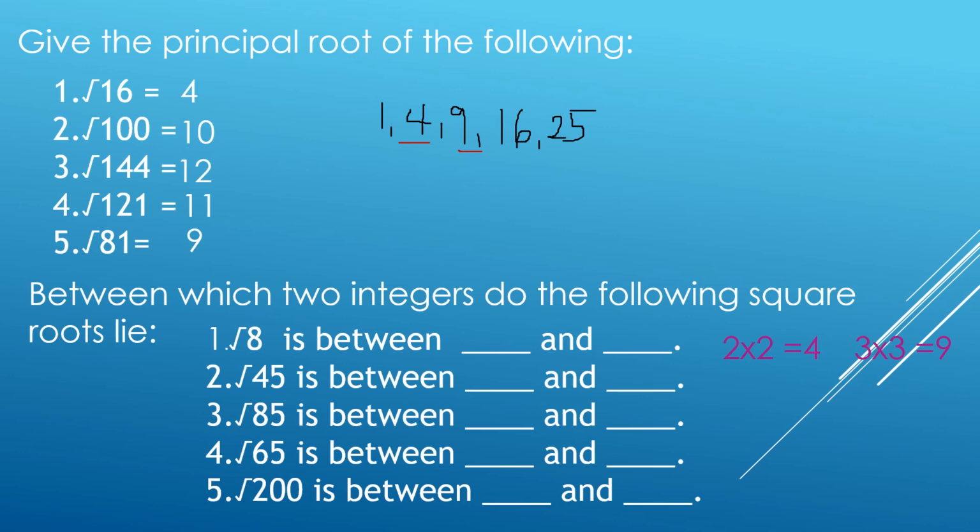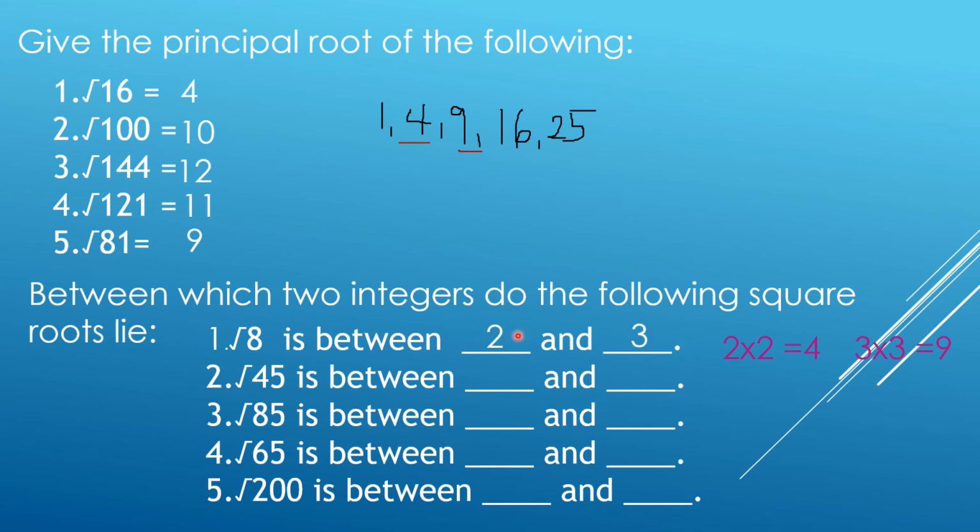So, ang 8 ay makikita between 4 and 9. Diba? Okay. So, ngayon, ano yung square root ng 4? That is 2. Ano yung square root of 9? That is 3. So, ibig sabihin, the two integers that the square root of 8 lies between is 2 and 3.